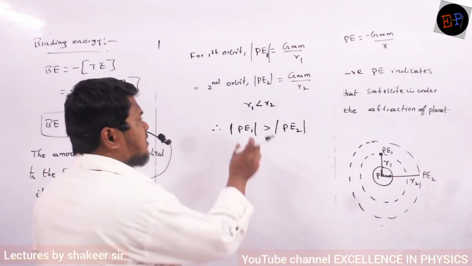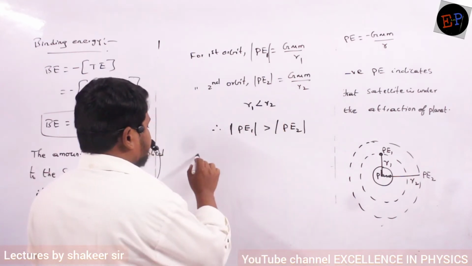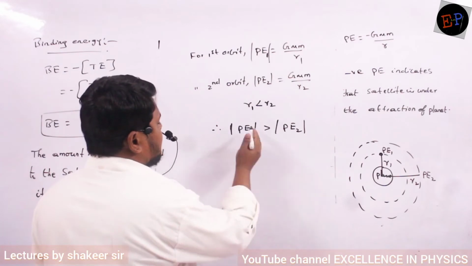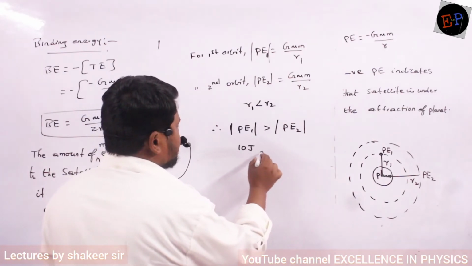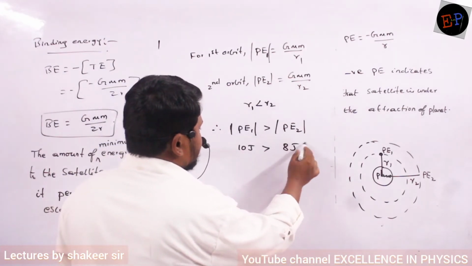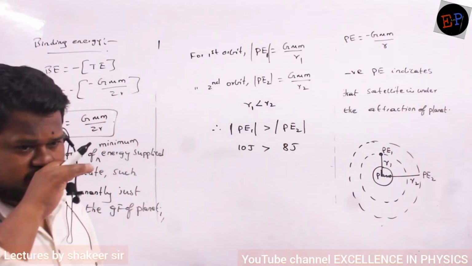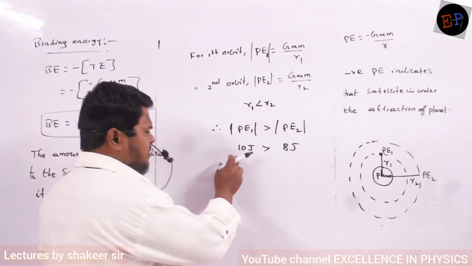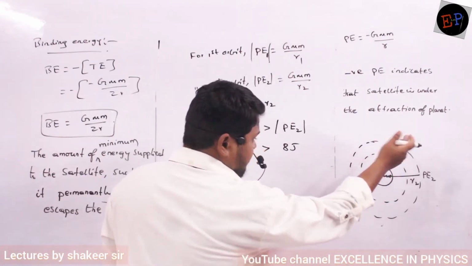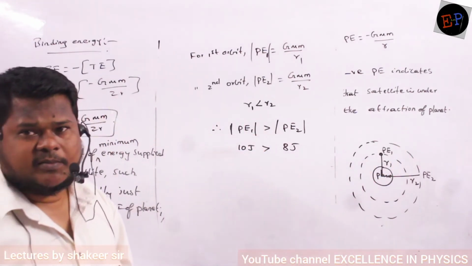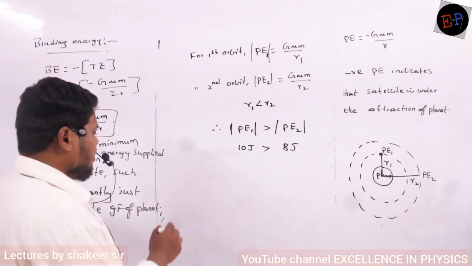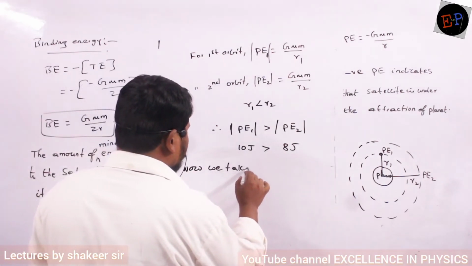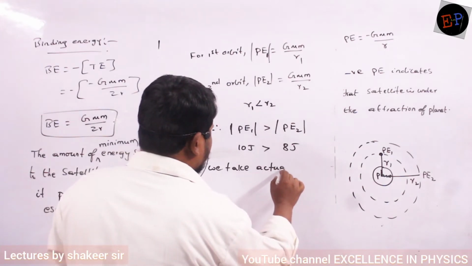But now if I place the minus symbol, for example, let us consider this potential energy is 10 joules, this potential energy is 8 joules. Definitely 10 is greater than 8. It means the potential energy of the first orbit is greater than that of the second orbit magnitude wise. Now we take actual values.